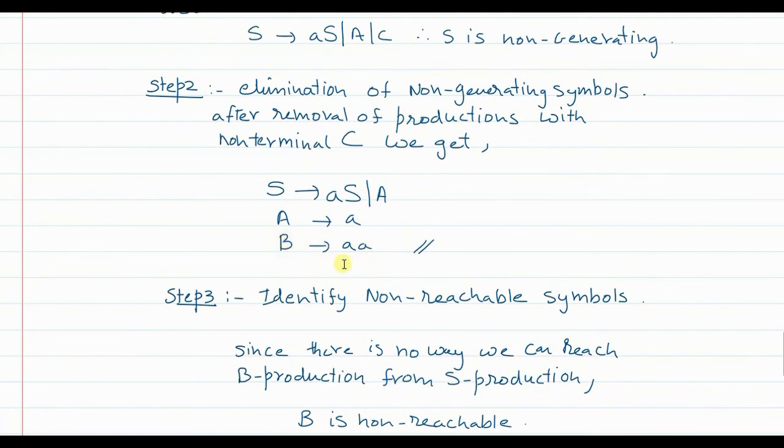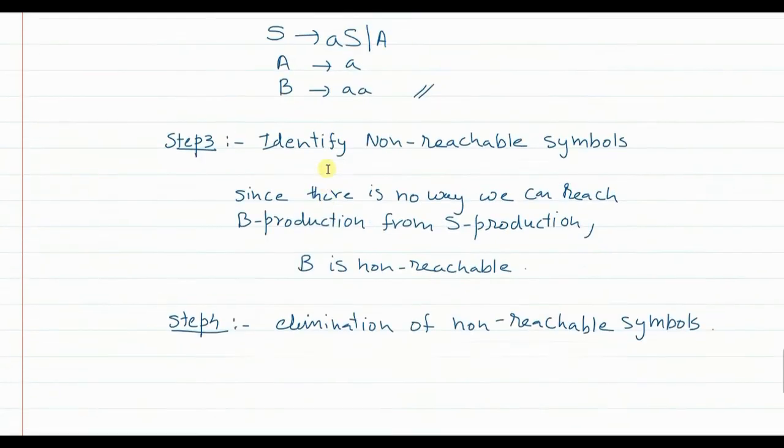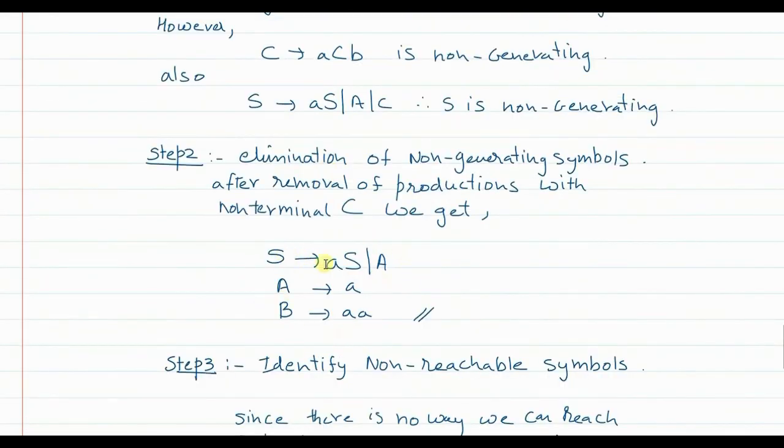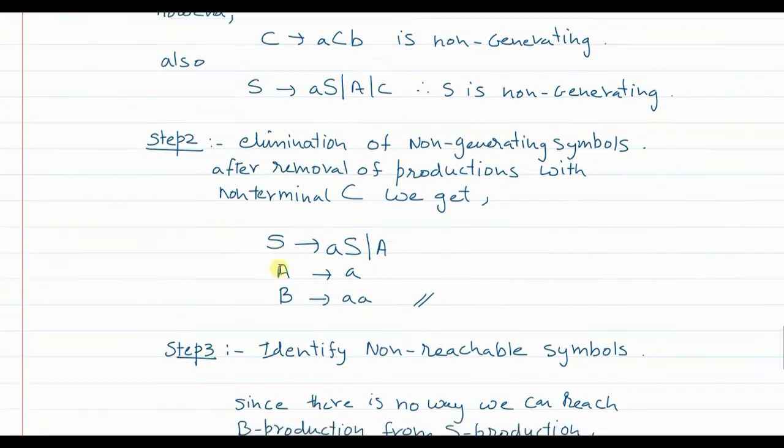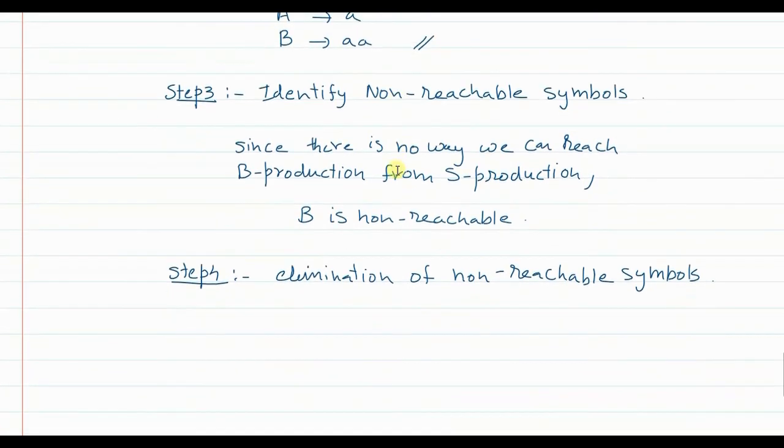Now here B is involved, B gives AA, so that will be removed. If there was another production where B was on its right hand side, that production also would be removed. In general, wherever on its left hand side or right hand side capital B is involved, all those productions will have to be removed. Here B is only involved in this particular production, so B production will be removed.